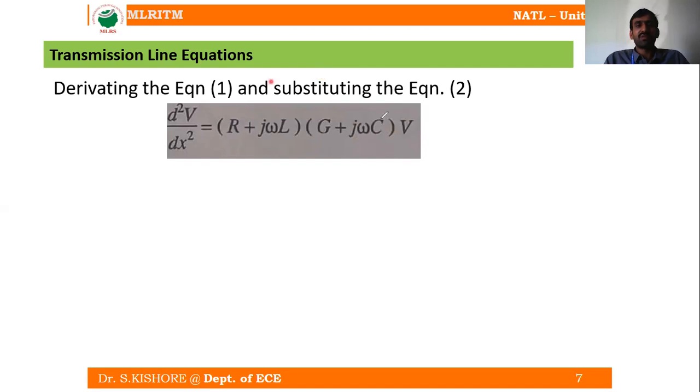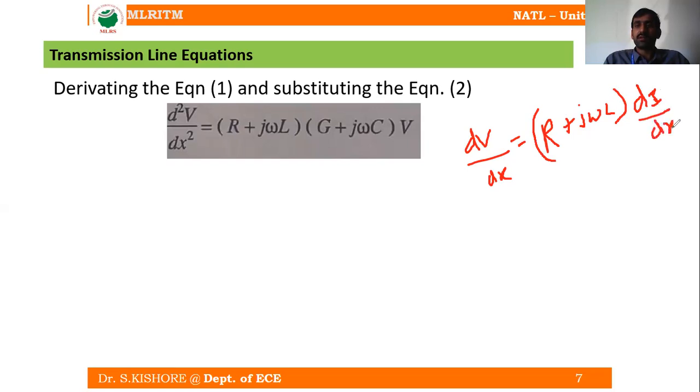So what is our previous equation here? dv by dx, if you neglect the polarity, is equal to r plus j omega L into I. If you differentiate I with respect to x, it is going to be di by dx.